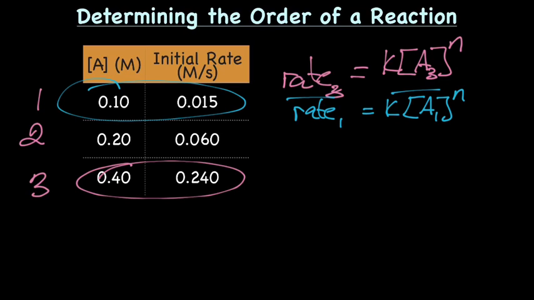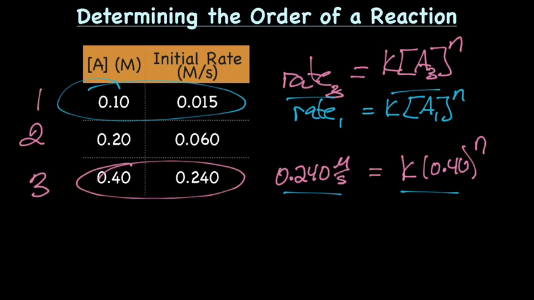All right, so let's plug this in. For our rate number 3, we have 0.240, and we have K, and our concentration is 0.40 to the N. And our rate number 1 is 0.015, and we have K, concentration is 0.10 to the N. Let's cross out anything we can.